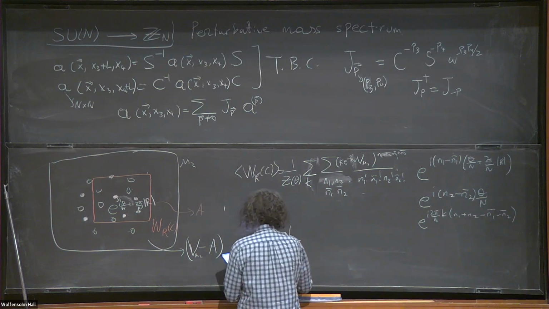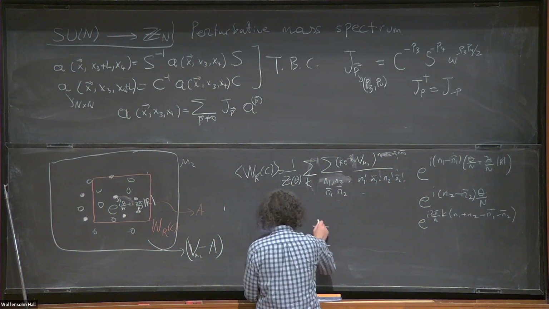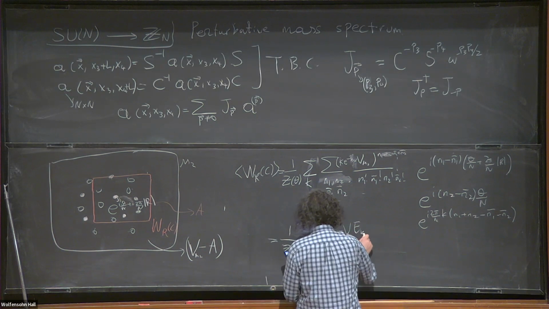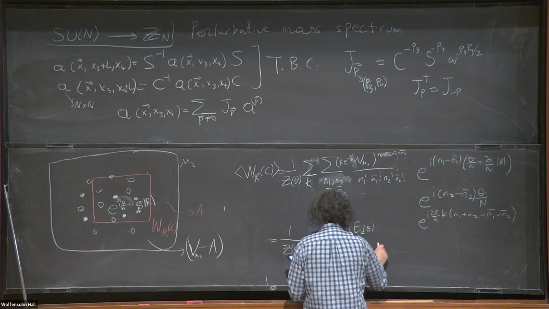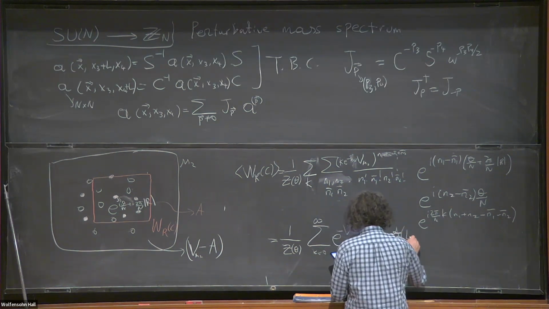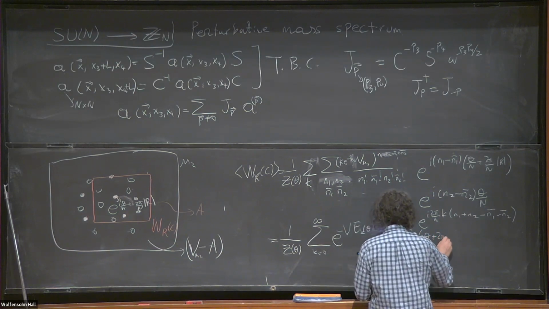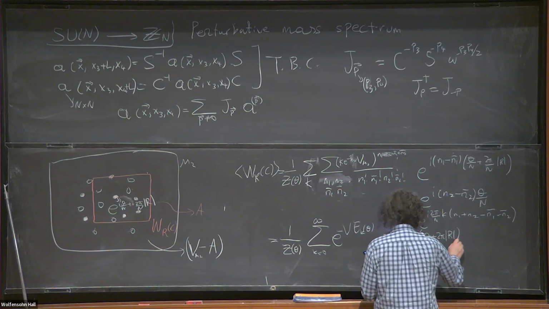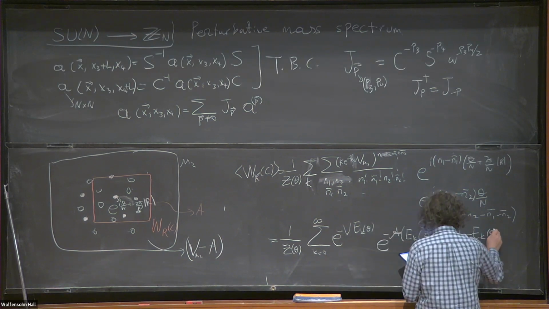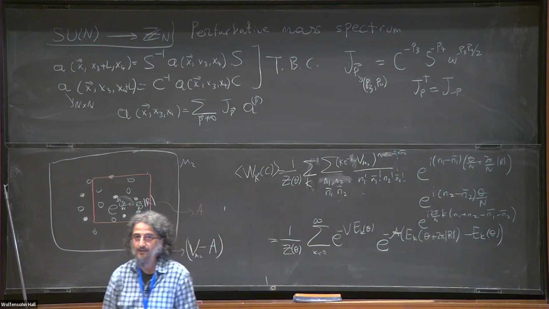You obtain 1 over the partition function as a function of theta, sum over k equals 0 to infinity, exponential minus volume times E_k of theta. Now comes the interesting part, minus area times E_k. If it is inside, theta is shifted by the representation. This is the result of the calculation.